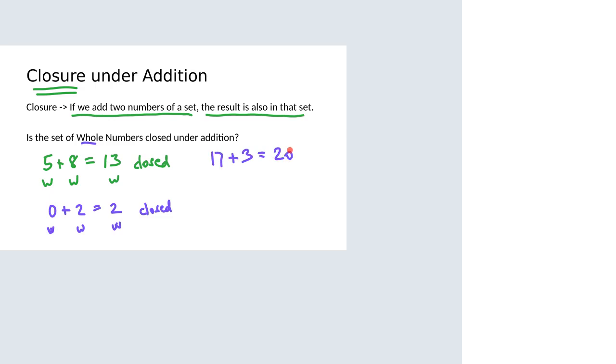I'm not going to be able to find one. I'm not going to prove that this is true, I'm just going to convince myself by exhaustion that no matter how many whole numbers I add, I'm always going to get a whole number back. So the answer to this question, is the set of whole numbers closed under addition, is yes, it is. Do you have questions about this before I let you try one?